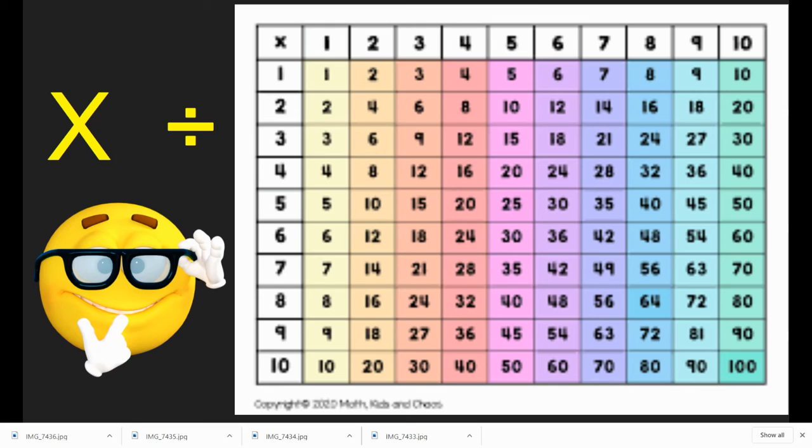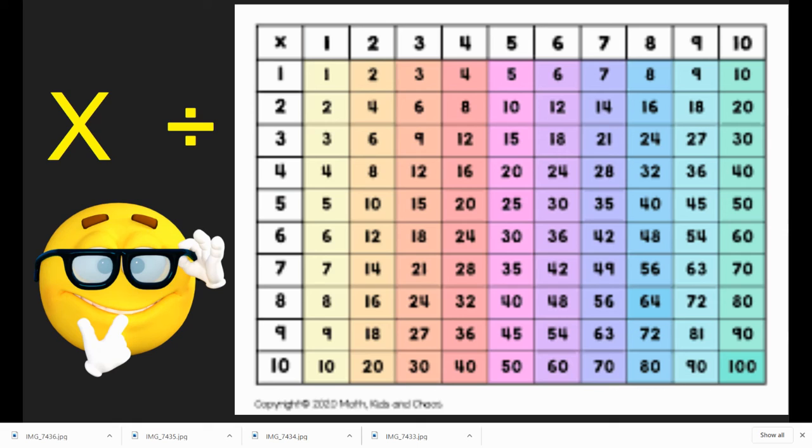Number 12. There are 15 cats ready for new homes at the pet store. There are 5 cages with cats in the store. If each cage has the same number of cats, how many cats are in each cage? They give you the total number of cats. You're breaking it down. Are you multiplying or dividing?